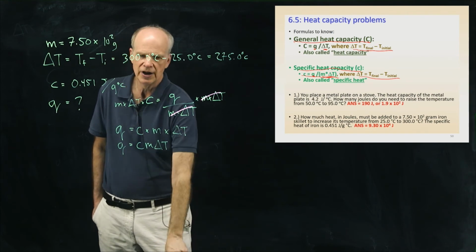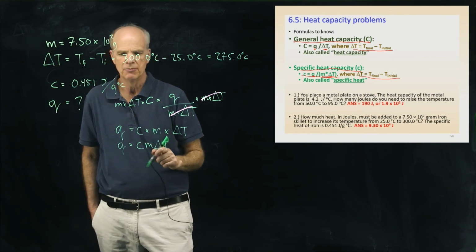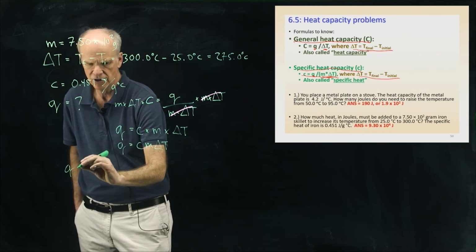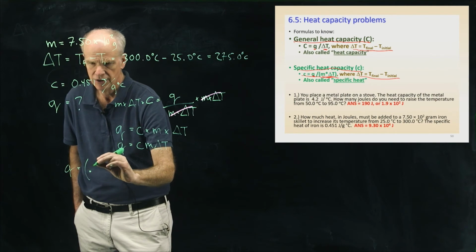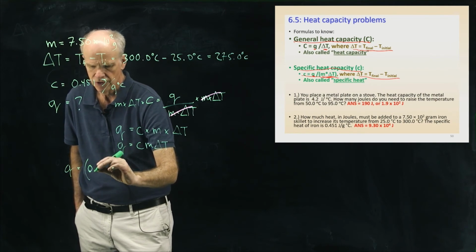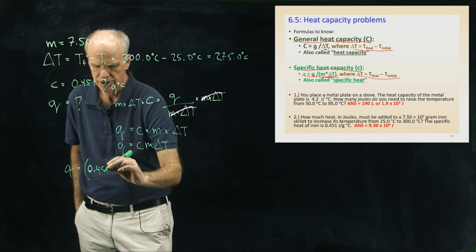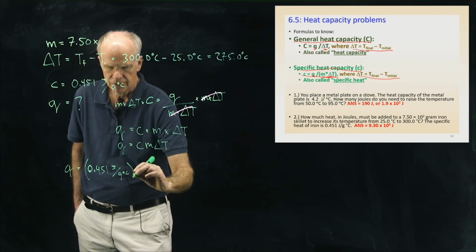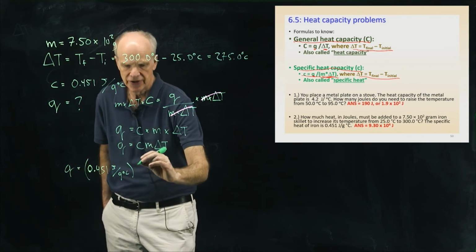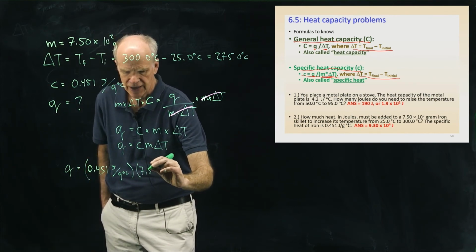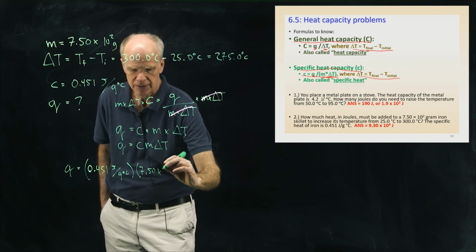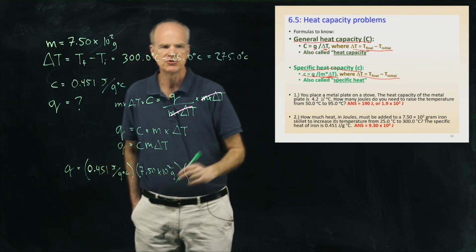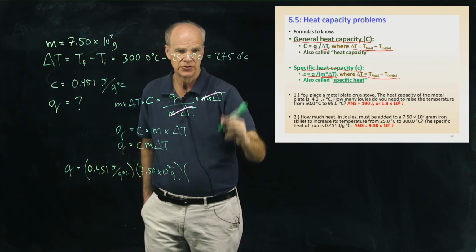At this point, I think we can just go ahead and solve the problem. We just plug in numbers. So Q is going to be equal to c, which is 0.451 joules over gram degrees Celsius, times mass, which is 7.50 times 10 to the 2 grams, and then delta T, the temperature change, which is 275.0 degrees Celsius.